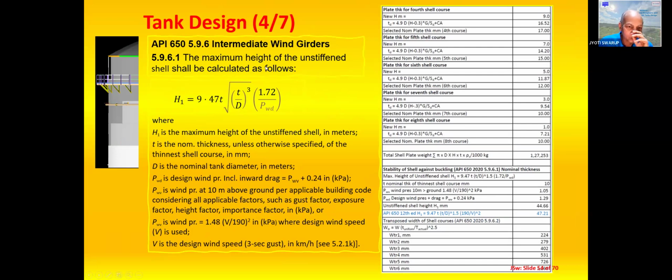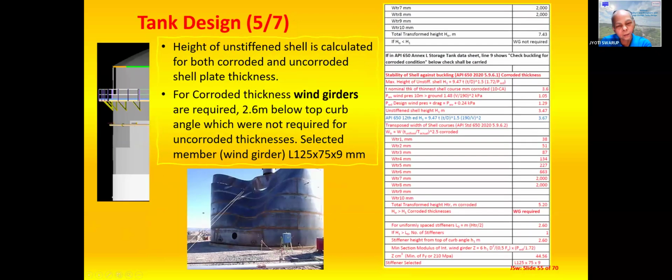And the wind girder unstiffened shell height can be calculated using the formula given in the API code: H1 = 9.47 t √((t/D)³) × (120/V)², where P is the wind pressure at 10 meters above the grade, D is the diameter, and V is the design wind speed, which needs to be worked out. So all these numbers have been worked out for corroded and uncorroded conditions of the shell plate thickness.